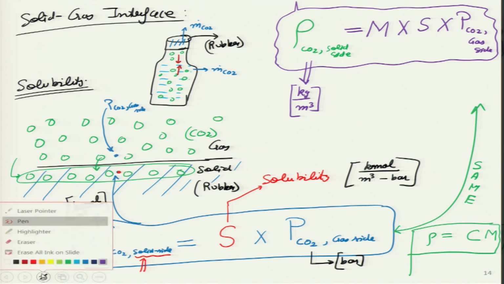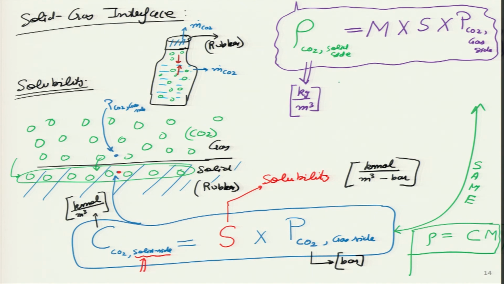And I think I have a few minutes remaining. Let me go ahead and put a table over here which gives the value of this constant S, solubility, for different gas and solid pairs.